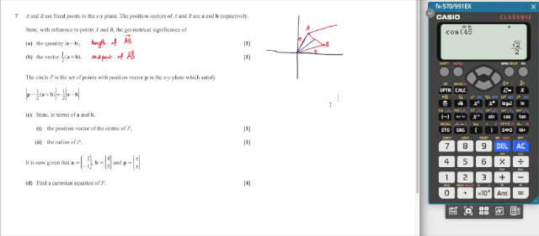So, the circle P is a set of points with position vector P in the xy plane which satisfy P minus half A plus B. So what this is saying, we've got the modulus around that, so that is saying the length of the vector that goes between P and that half A plus B. So that tells me that the centre of my circle is at half A plus B. So the centre of circle is half A plus B because of that first bit there.